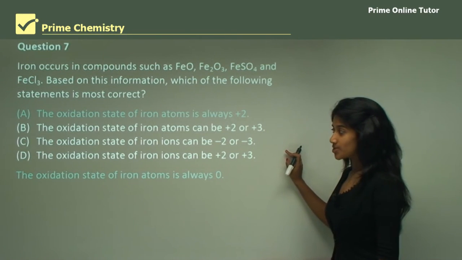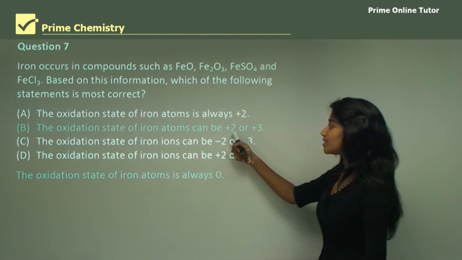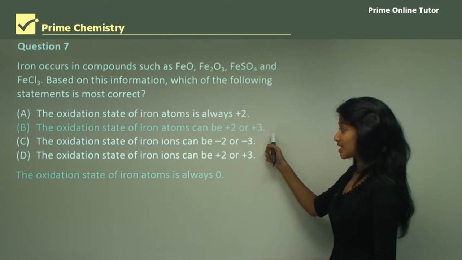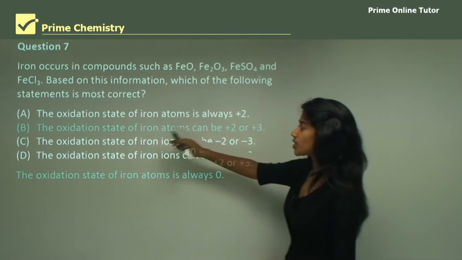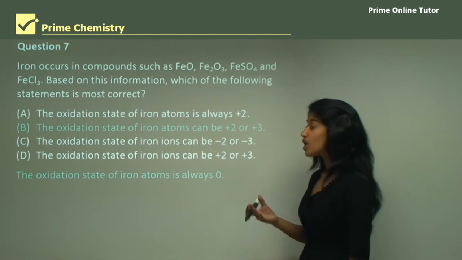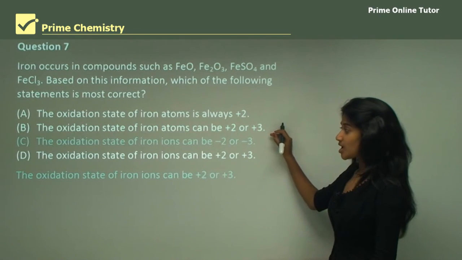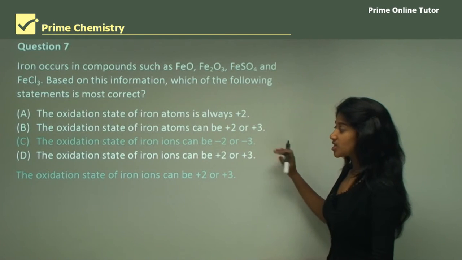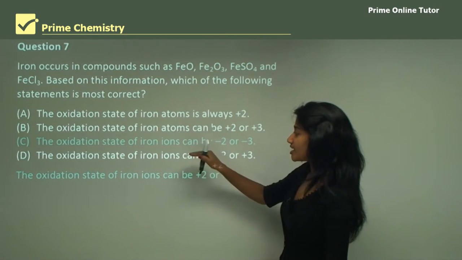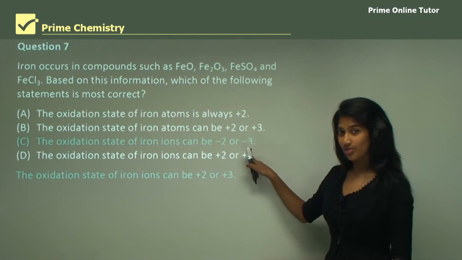Now moving to option B, the oxidation state of iron atoms can be either +2 or +3. Again, we're talking about iron atoms. Iron atoms are in their elemental form, which means that B is incorrect. Moving to option C, the oxidation state of ions can be either -2 or -3.